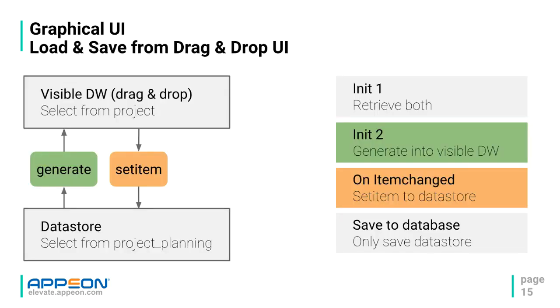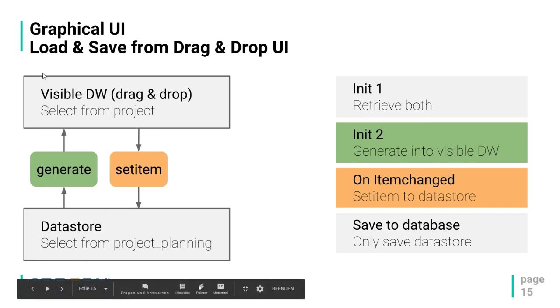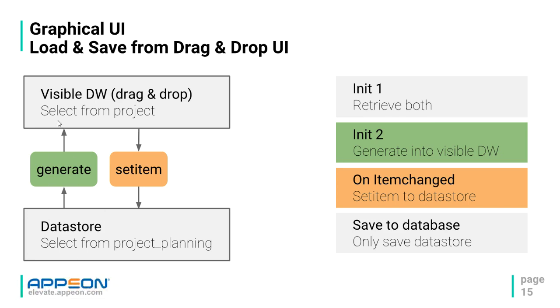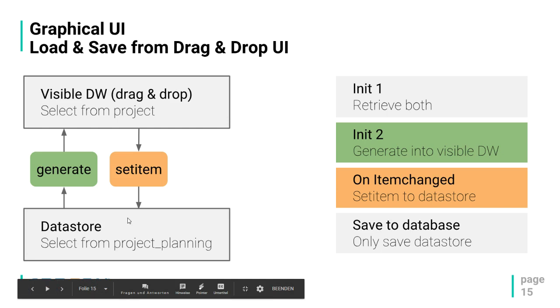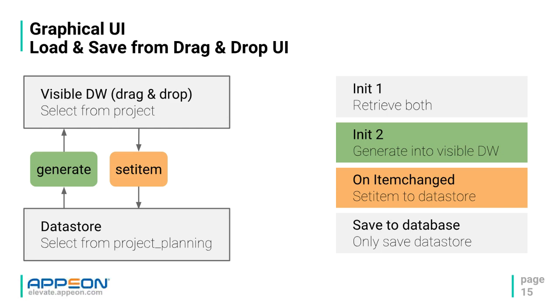So that's a slightly different process for loading and saving. This one here is not a set item, of course, because you can't set item to a graphical UI. It's just generating of entries, and then if you change them, you need to set item back to the data store. So that's pretty much the same as in the matrix table with your drag and drop calendar or whatever.